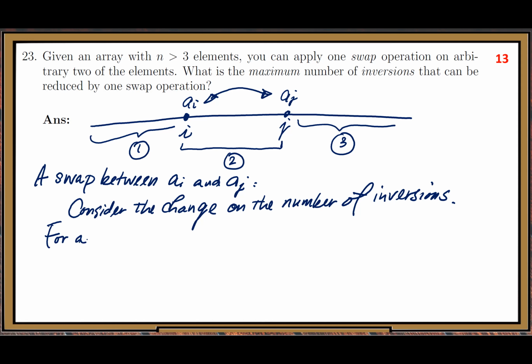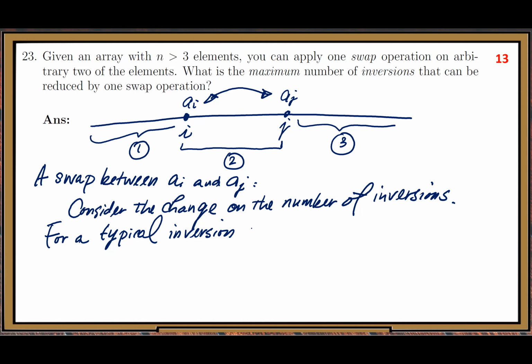Here I assume you are familiar with the concept of inversion, so I do not explain its definition. We have done so many inversion questions, so I assume you are very familiar with this concept.